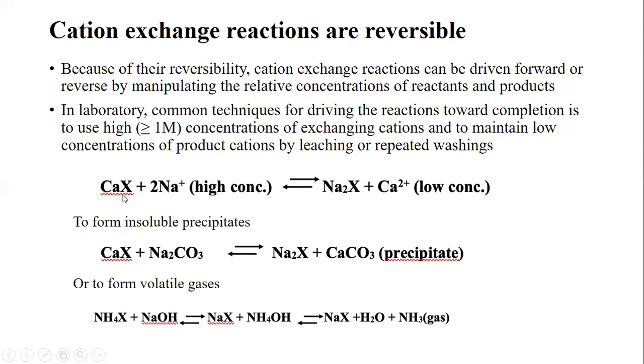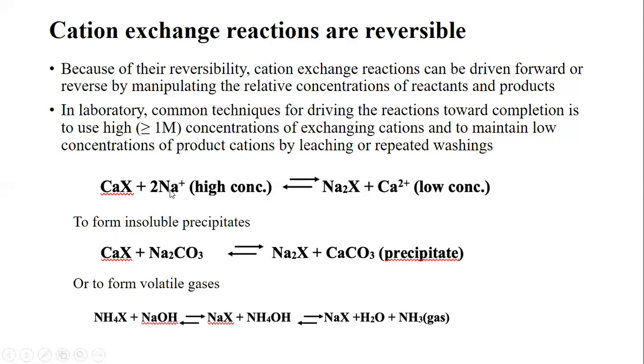So let's take an example. CaX, so we have a colloid with calcium adsorbed to the surface. Of course, remember, calcium is divalent, it needs 2 sodium. So we put sodium in high concentration, at least 1 molar, to push forward to the right.